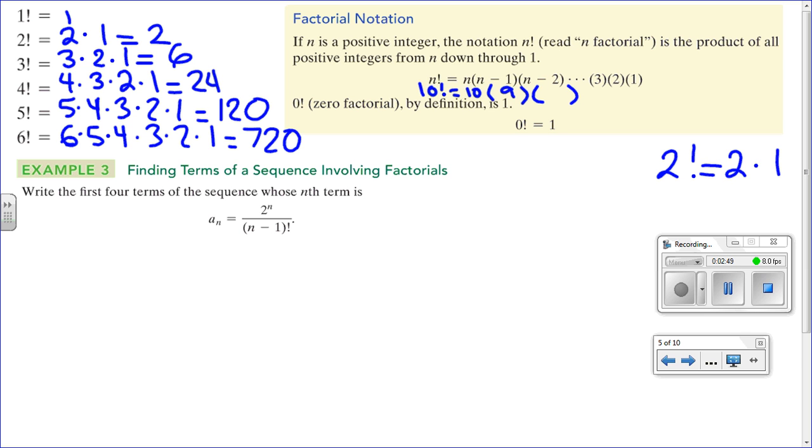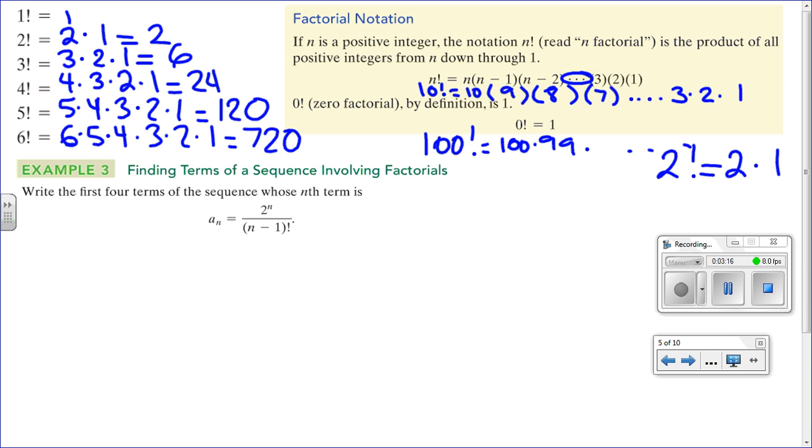And if n is 10, what is 10 minus 2? 8. And 7. And you go all that way, and you see these 3 dots? That implies that there are numbers in between. And the last 3 will be 3 times 2 times 1. If we had something like 100 factorial, that would be a huge number, and it will be 100 times 99 times, and so on.